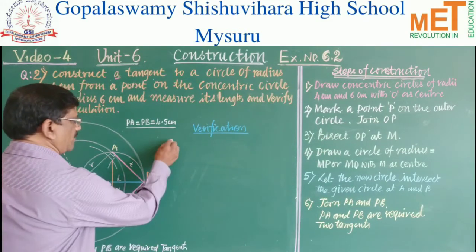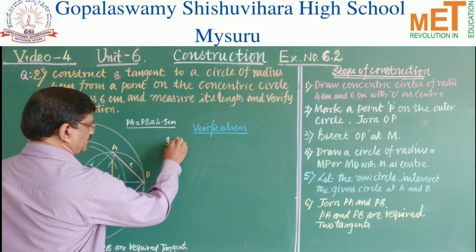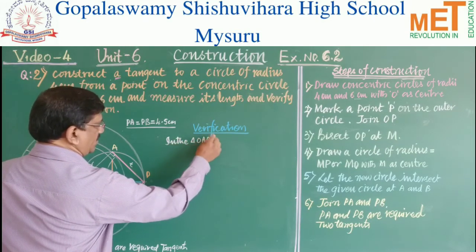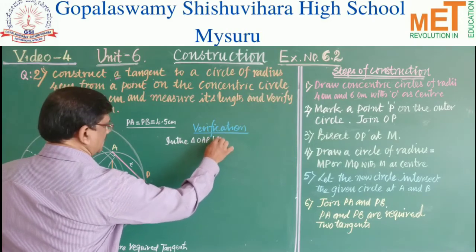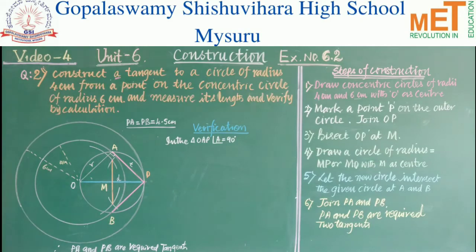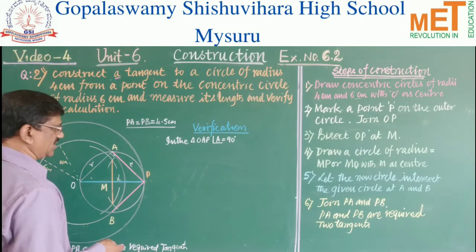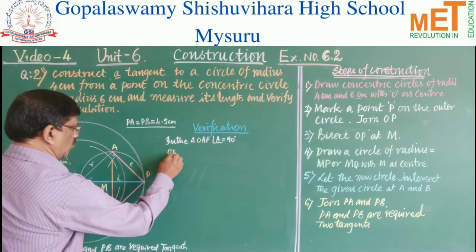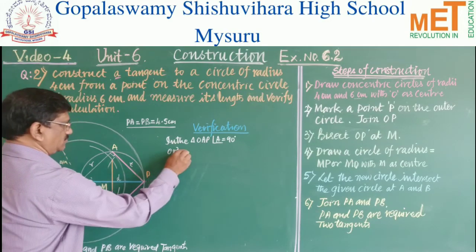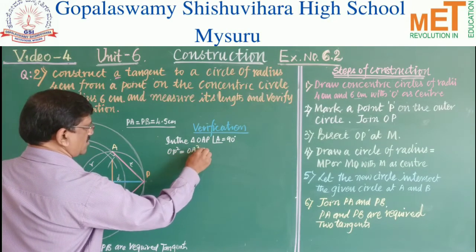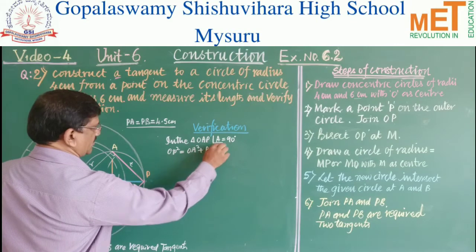In triangle OAP, angle A is equal to 90 degree, therefore we can apply Pythagoras theorem. What is that Pythagoras theorem? Pythagoras theorem states that OP square is equal to OA square plus AP square.